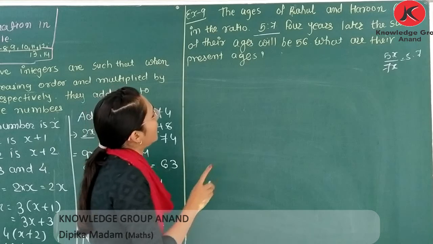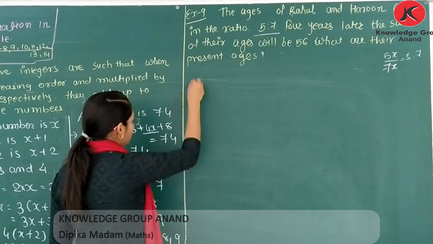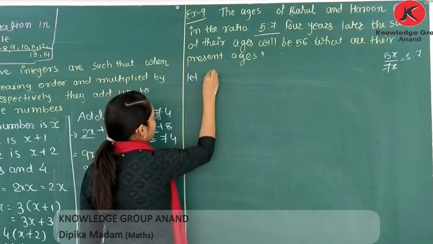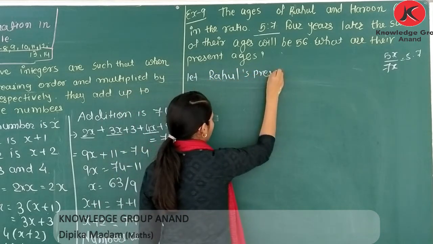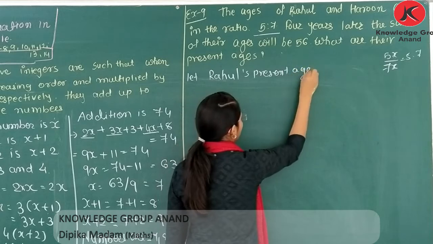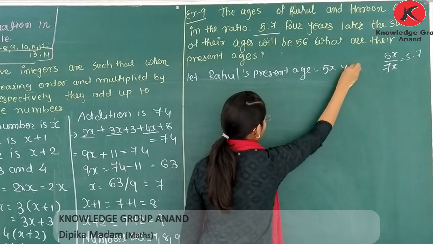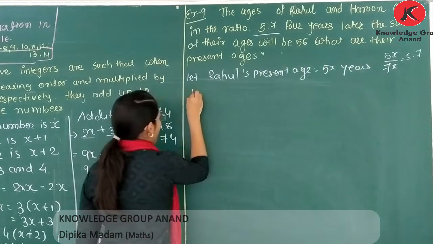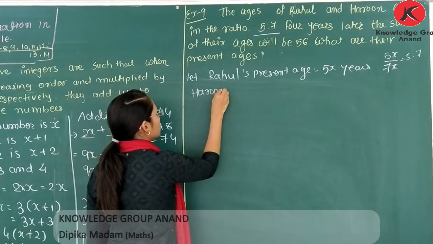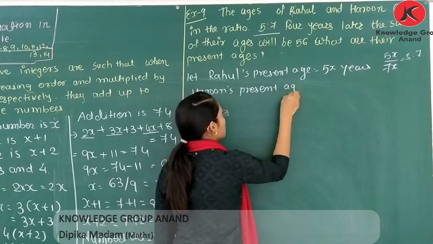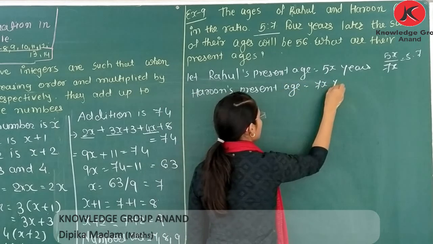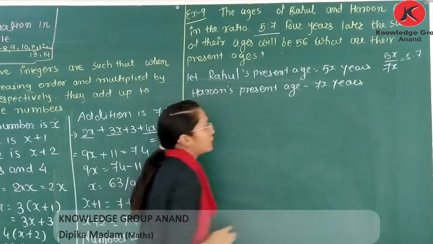What are the present ages? So let Rahul's present age be 5x years and Harun's present age be 7x years. Clear?